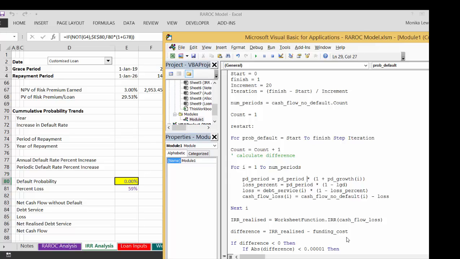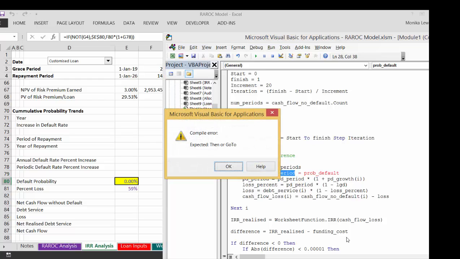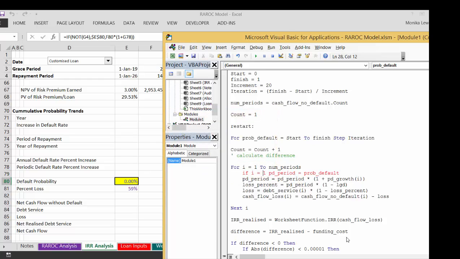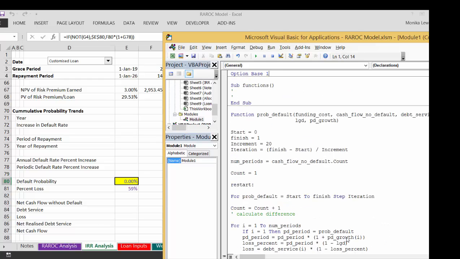Now, the only problem is that if I equals 1, then the PD per period equals the probability of default, which is really our starting point. Of course, I should have put that in. And then make absolutely sure that option base 1 is selected.